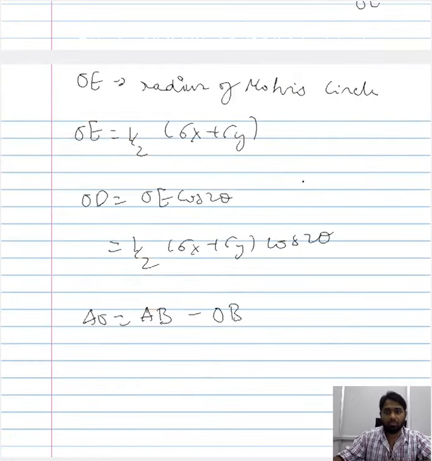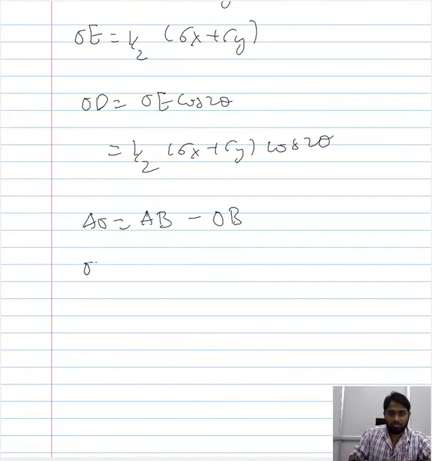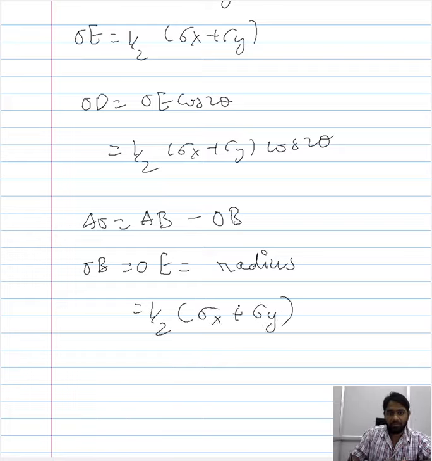Now we know that OB, if you could see, OB is equal to OE, which is the radius, and this is nothing but 1 by 2 sigma x plus sigma y. This is the OB here, and AB by our definition is nothing but sigma x.